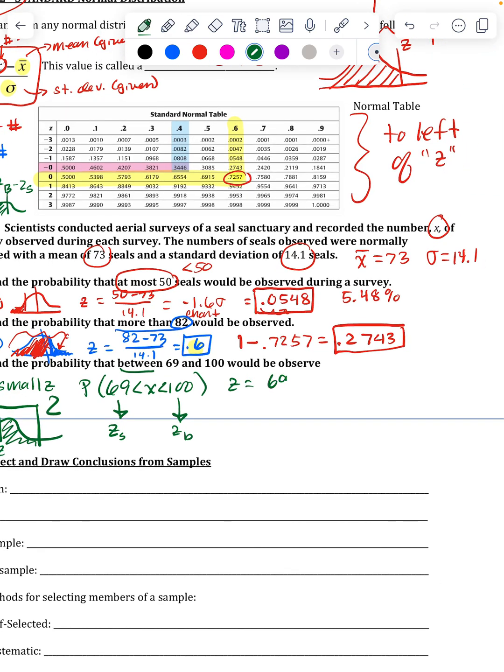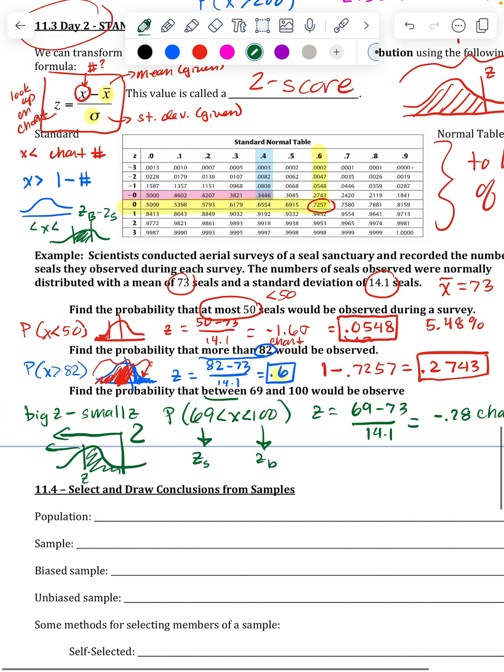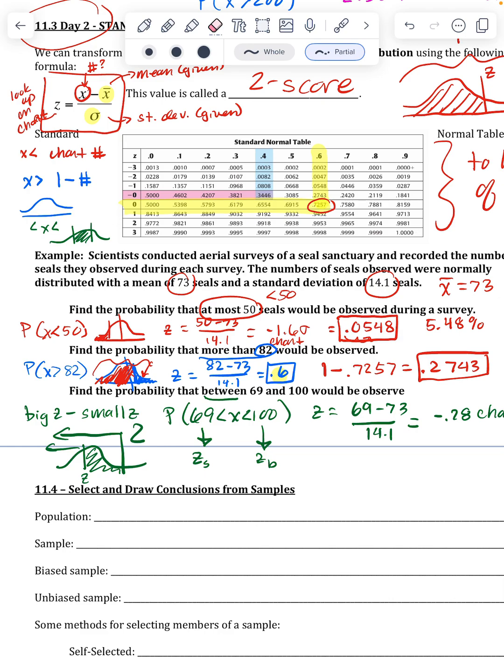I'm going to have 69 minus 73 over 14.1, and that's a Z-score of negative 0.28. I'm going to look that up on the chart. And actually, I shouldn't call that Z's up here because you're not using the Z values to subtract. You're going to take the big chart number and then subtract the smaller chart number.